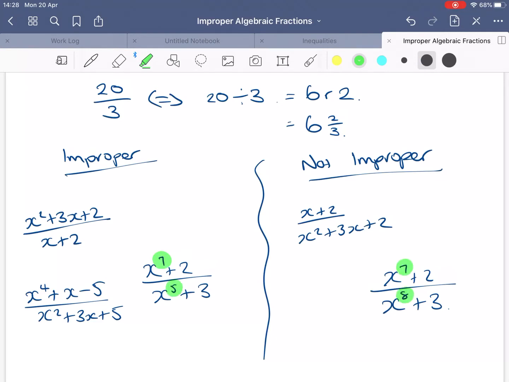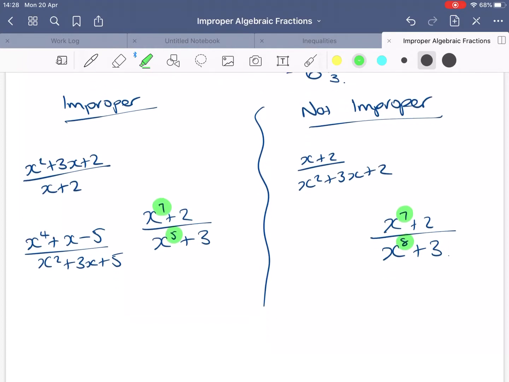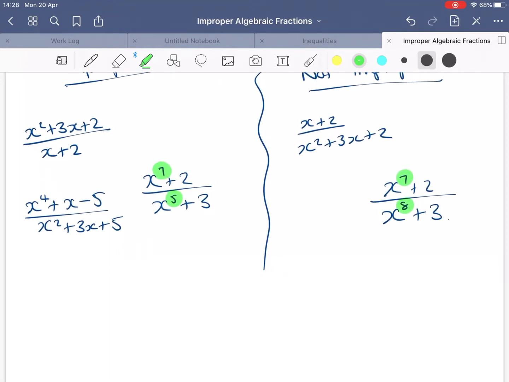Just like with a non-algebraic fraction, we need the numerator to be bigger than the denominator. In algebraic fractions, it's slightly different, but we need the highest power of x in the numerator to be as big or bigger than the highest power of x in the denominator.